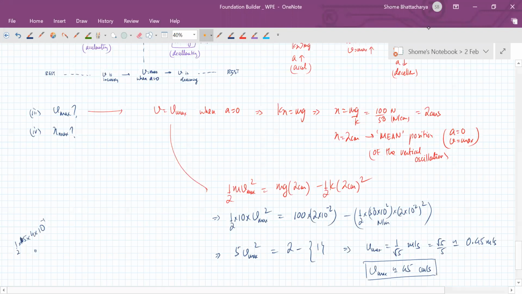This is the value you got, Kunj. You got it as 60 centimeters per second. Okay, just check my calculation also once.